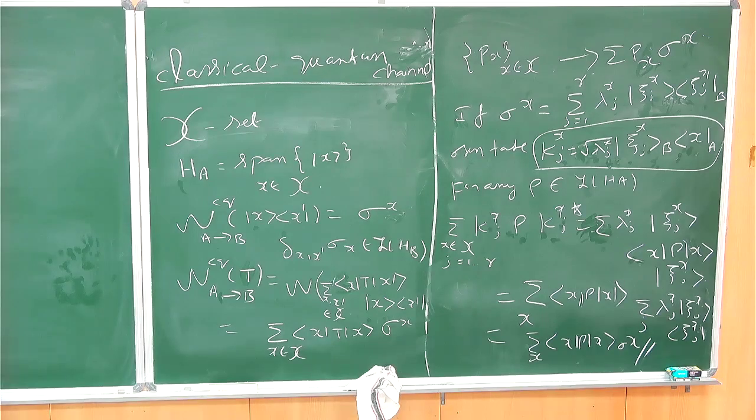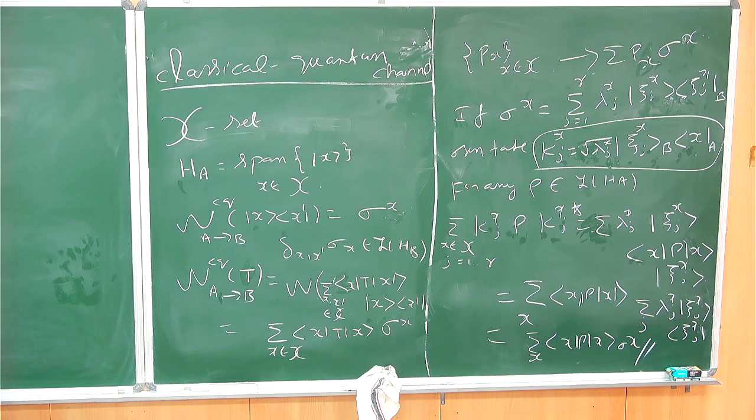Now the Choi matrix of the classical quantum channel. The Choi matrix is 1 tensor N of this. Here we are assuming that the Choi matrix depends on the orthonormal basis, although it actually doesn't depend on the orthonormal basis in one sense.